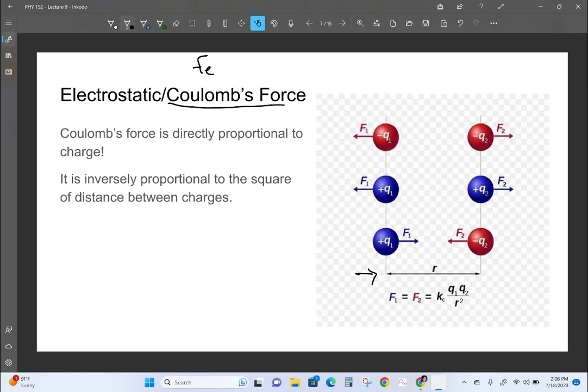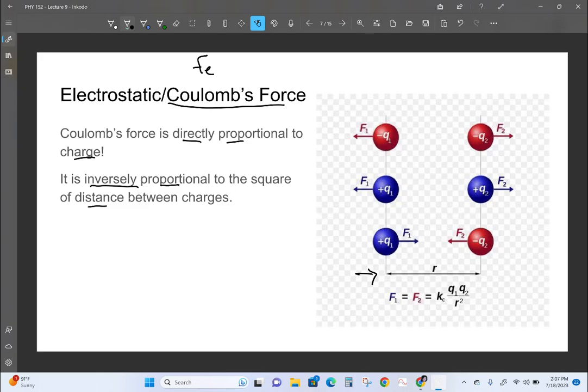It turns out that the bigger the charges are, the more force of attraction or repulsion they'll have, and the further apart they are, the less. It turns out that force is inversely proportional to the distance, but it's directly proportional to the charge.